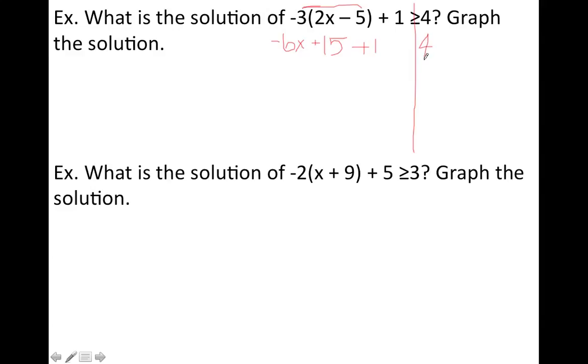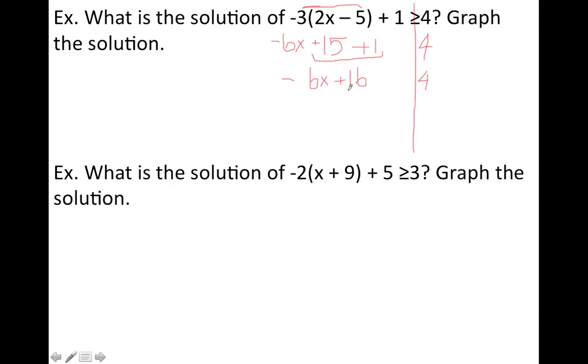Now, to solve this inequality, notice how we have like terms on the left-hand side, 15 and 1. They both don't have an x, so we can combine those together. So we have -6x plus 16. And we still have 4 on the right-hand side. Now, to get x by itself, you do the opposite of PEMDAS.